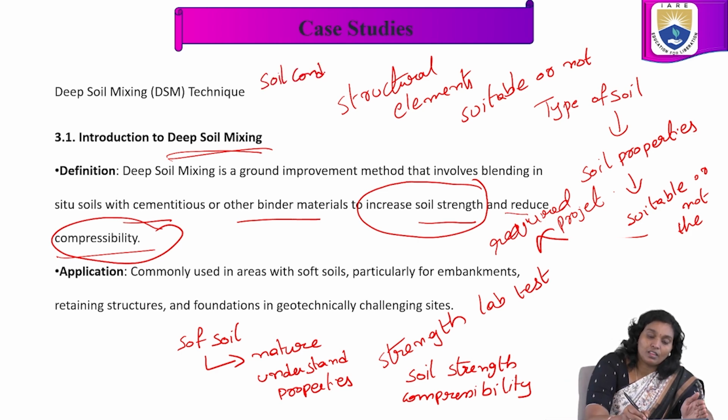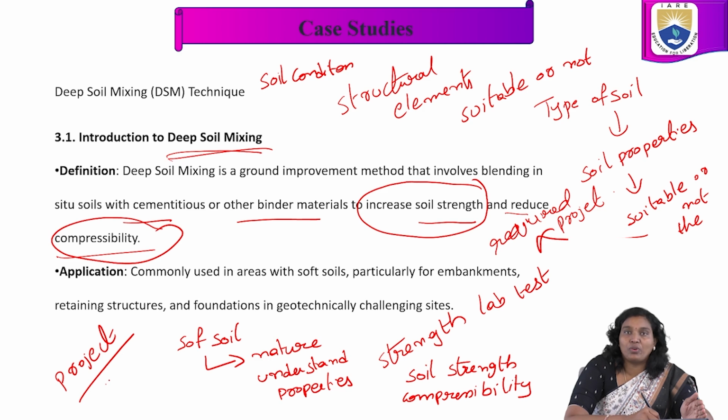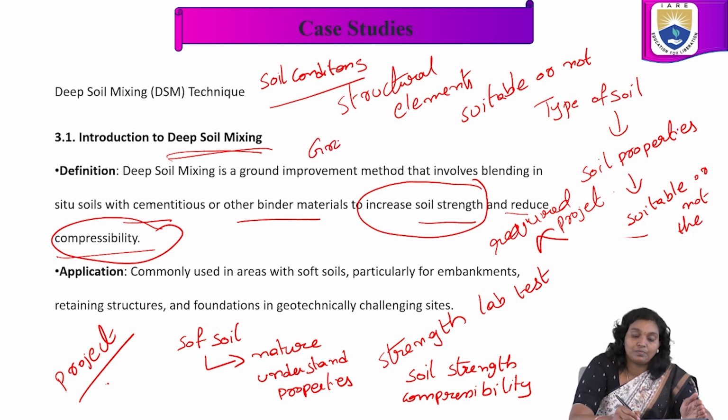So like that, we understand the overall soil condition, and as per the design, as per the kind of project we are doing, we understand whether the soil conditions are suitable or not. Once they are not suitable, we require a ground improvement technique.